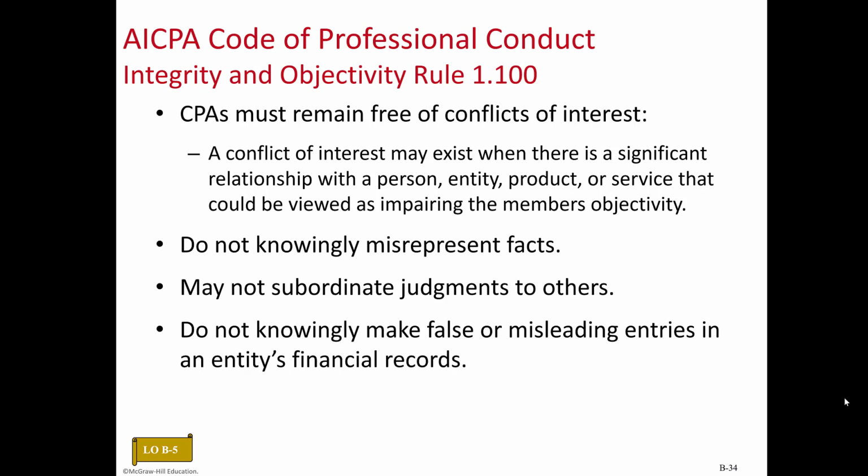And you do not knowingly misrepresent the facts. That would maintain your integrity and objectivity. You may not subordinate judgment to others. That means you, as the external auditor, have to maintain your professional judgment and your professional skepticism. And you do not knowingly make false or misleading entries on the company's financial records.